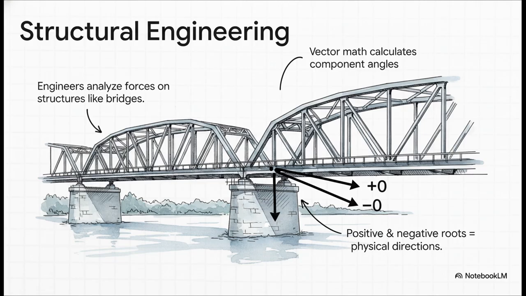And often the math boils down to equations with squared trig functions, just like we've been solving. Finding theta helps them figure out the precise, perfect angles for beams and supports. And here's the crucial part. Both the positive and the negative roots from the math correspond to real, physical directions for those forces. Getting this right isn't just for a grade. It's essential for building things that are safe and don't fall down.